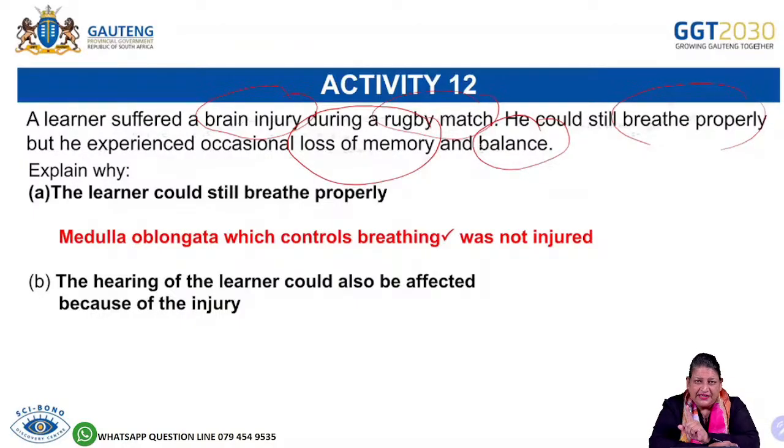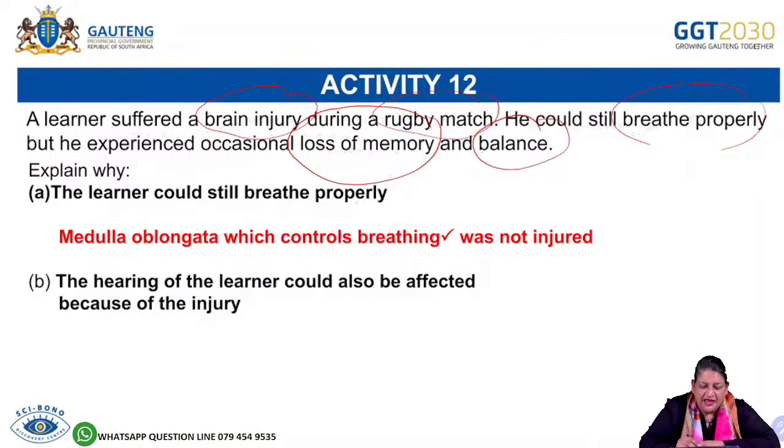Because if one part is affected, the other part is also affected, okay? Remember, I can say, explain why the person would feel cold if the door is broken. So you're going to say, you will not be able to prevent people from coming in, but the cold weather will also come in because the door is broken.